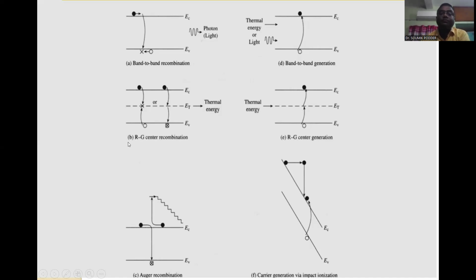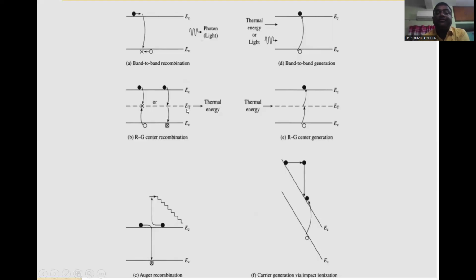Adjacent recombinations. Here, thermal energy. What will happen? The electrons are basically going into RG center recombination.